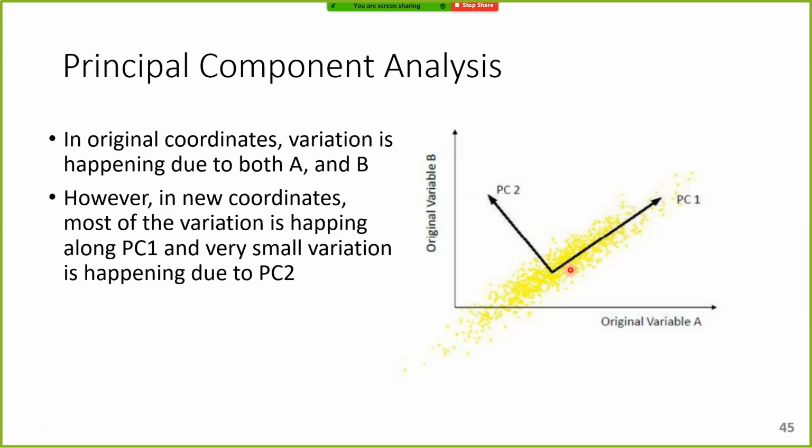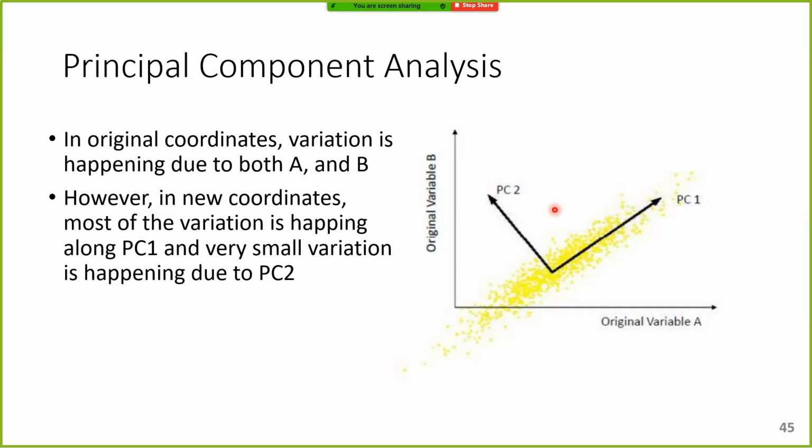In that case, you can see that most of the variation in the data is happening due to PC1, and very little variation is happening due to PC2. So we can safely ignore this variable and keep only this single variable. If we do this, our 2D data is actually reduced to 1D data.